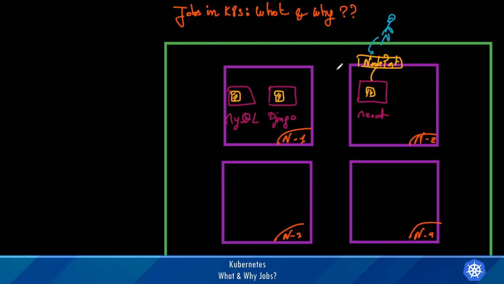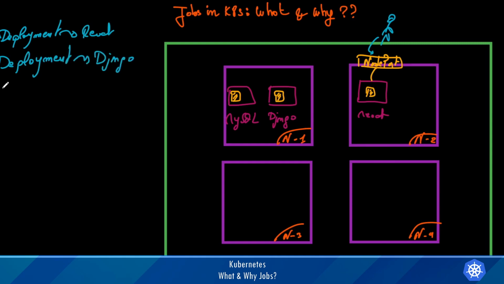And to achieve that, we can deploy those applications using a deployment. So here we can use a deployment for the React app, and another deployment for the Django app, and another one for the MySQL database.